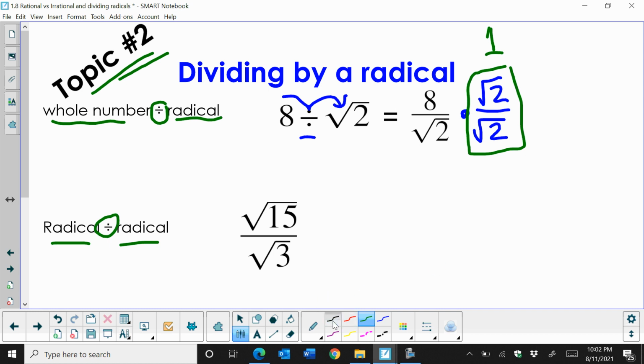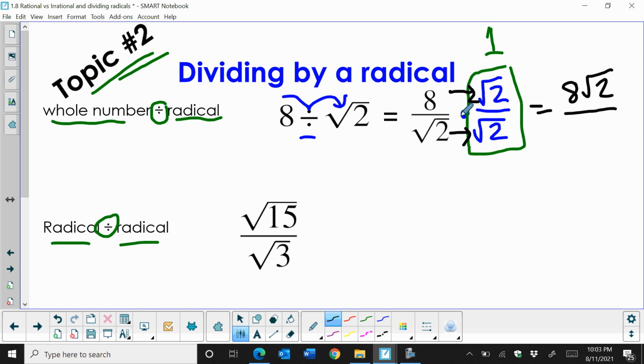Now, after I figure out what to multiply the top and bottom by, I then just multiply across. Well, on top, 8 times the square root of 2 is just going to be 8 square root of 2. You just put them next to each other because it's a product.